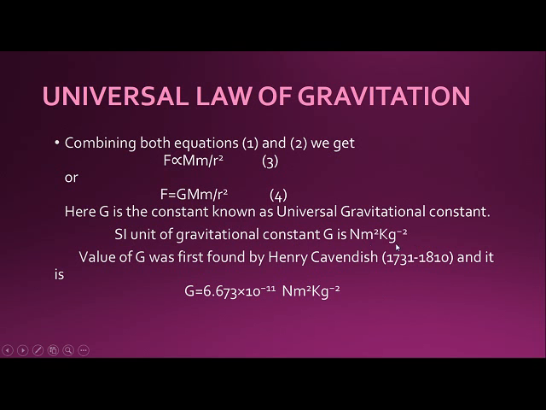Now let us understand how we have derived this SI unit. The SI unit of force is newton, the SI unit of distance or radius is m square, and mass is kg square.